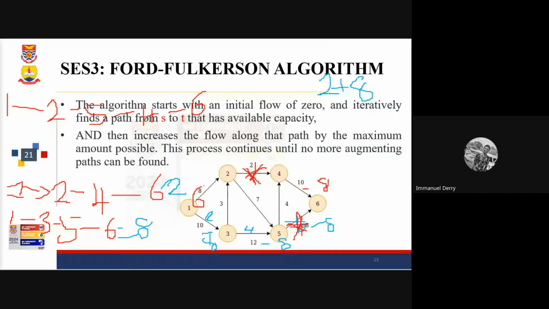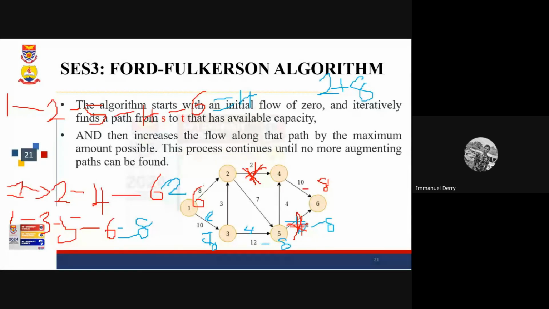So on this particular augmenting path, which one is the least value? 4. All right, so we have 4 as the least value here. So this is equal to 4.